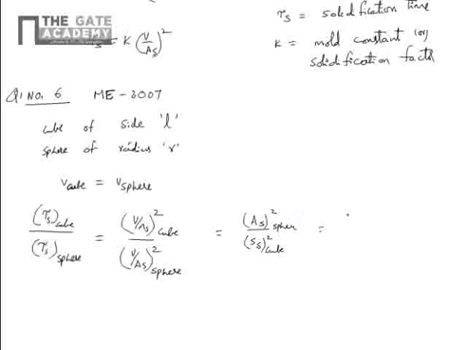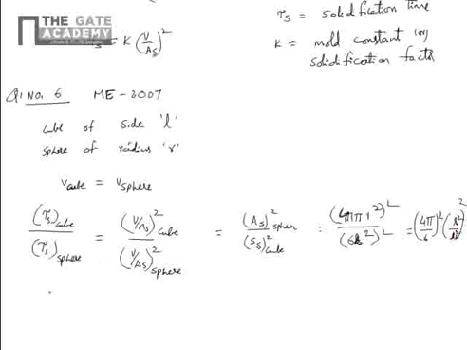Surface area of the sphere is 4 pi r square, whole square. Cube is 6 L square, whole square. If you simplify this, you will get (4 pi by 6) whole square, this is constant, into (r square by L square) whole square.